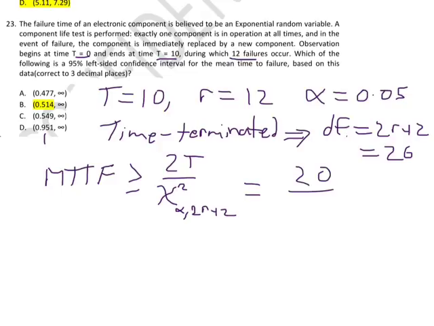Now I'm going to the chi-square table, which is the last page of all of our formulas this year, and we need alpha of 0.05, and coming down, we need 26 degrees of freedom, so the number is 38.885.